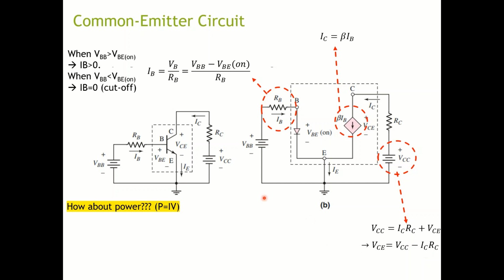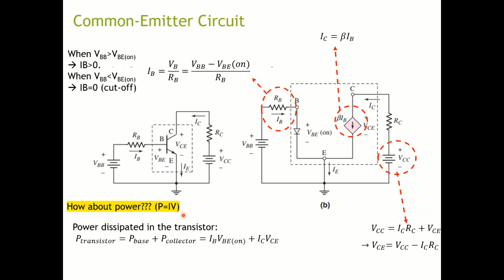So assuming you all know that power equals current multiplied by voltage, P = IV. So the power dissipated in the transistor, which I will note as P_transistor, the power of the whole transistor here, will be the total power dissipated at the base and at the collector.